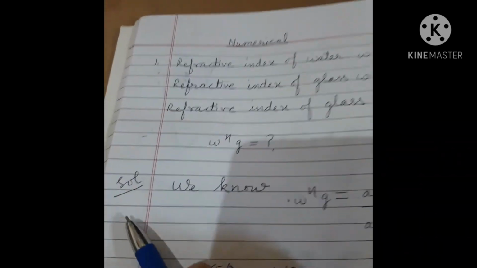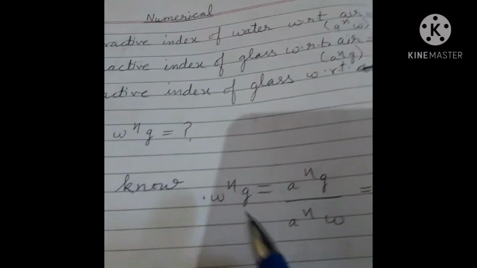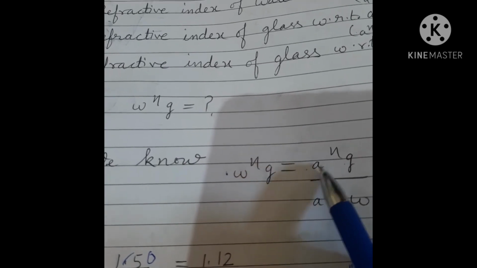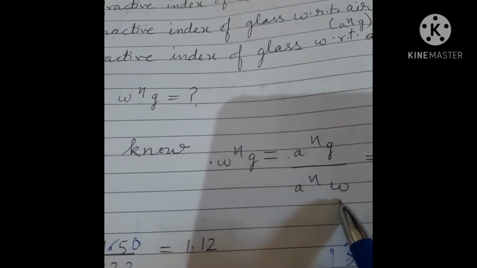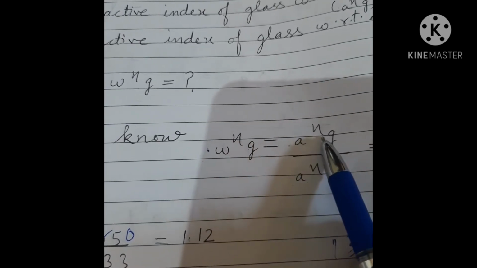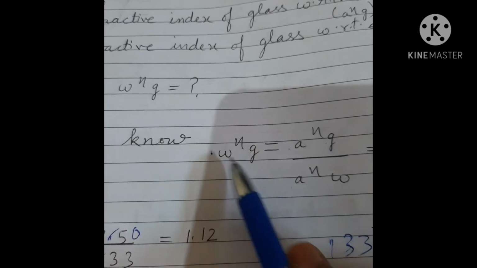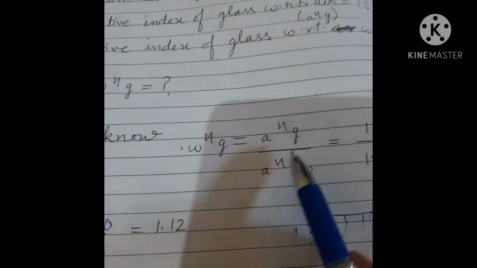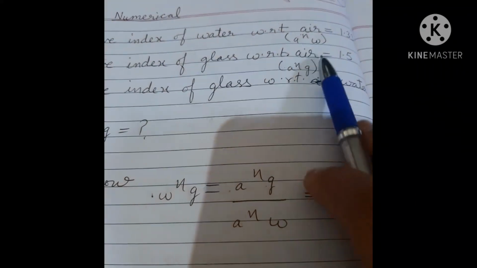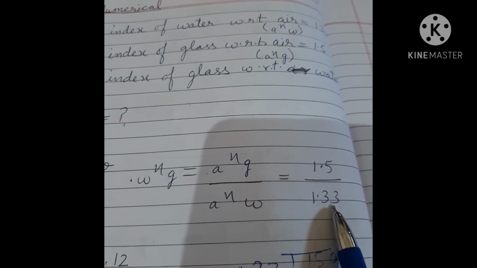How to solve? You first write solution, then write we know the formula WNG is equal to ANG upon ANW, meaning second medium at the top and the first medium at the bottom. Putting the value of ANG equal to 1.5 and ANW equal to 1.33.